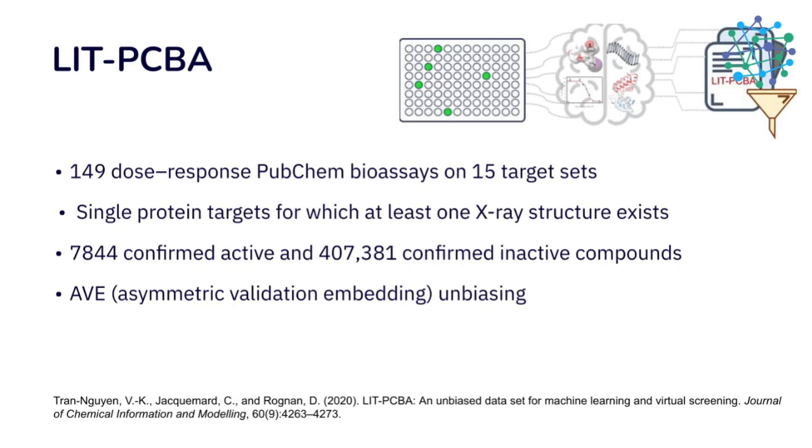First of these benchmarks is LitPCBA, which is on 149 dose response PubChem bioassays on 15 sets of targets, and there are targets with at least one X-ray structure and more than 400,000 active and inactive compounds. This benchmark also has an unbiased version using a procedure called asymmetric validation embedding.